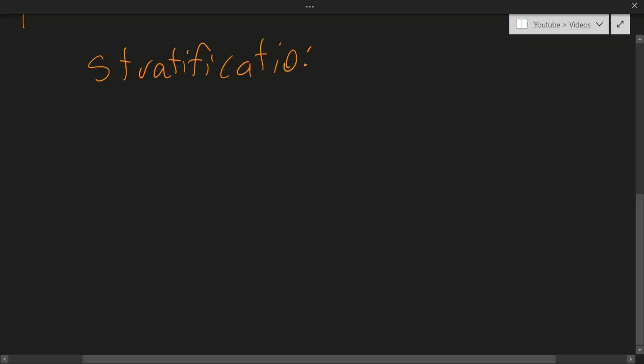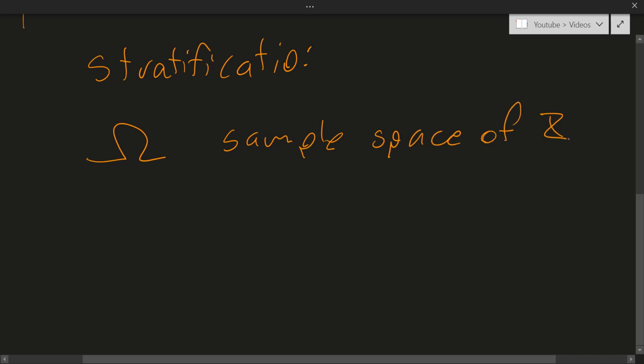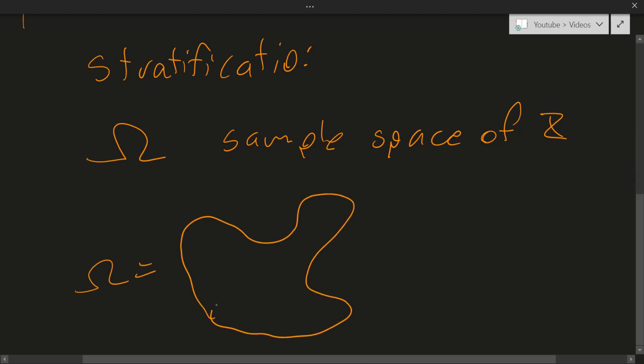So the idea is, if omega denotes the sample space of x, and omega has some shape, let's say it looks like this, then we might want to partition this sample space into some smaller parts.